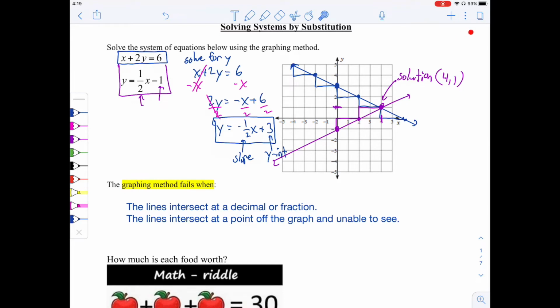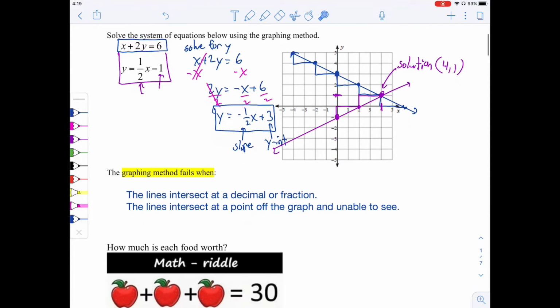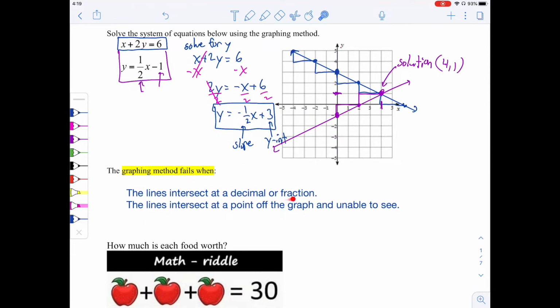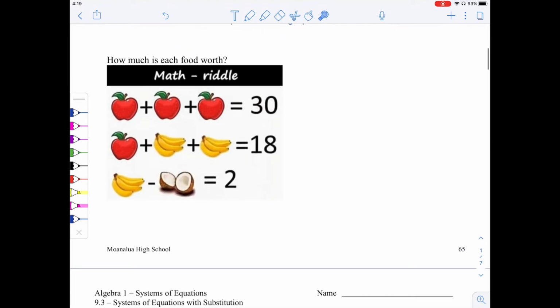If our graphs intersect way out here, there's no way that we could see where that is and pick the point where it intersects. So the graphing method does have these two limitations: a decimal or fraction somewhere in the middle, or somewhere off the graph, and we don't know what that is.